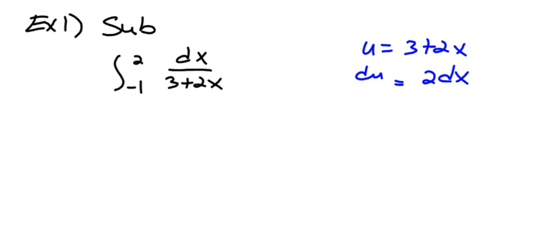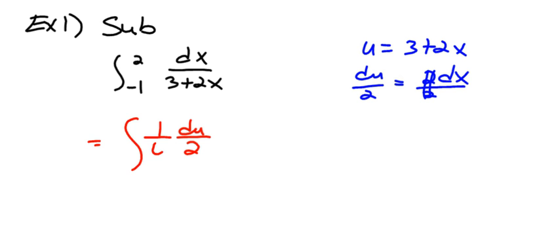Since I don't have a 2 to replace, I'm going to divide both sides by 2. So now I can do my substitution, and the dx is replaced by du over 2. And the 3 plus 2x in the denominator is being replaced by u.